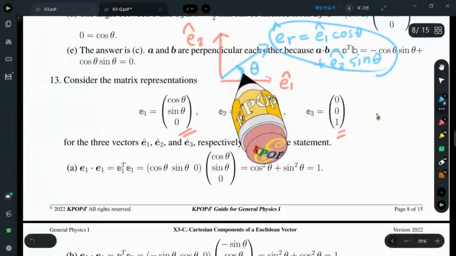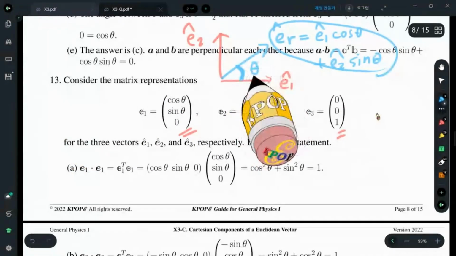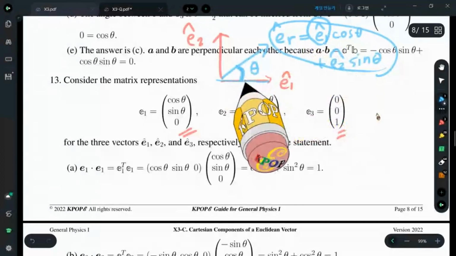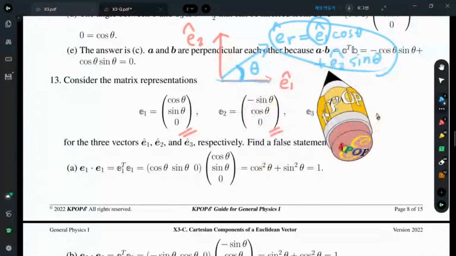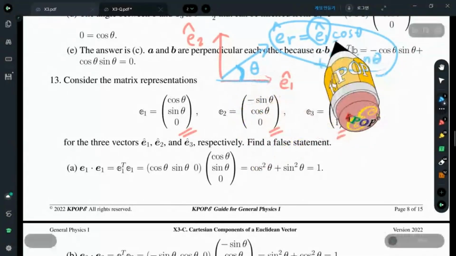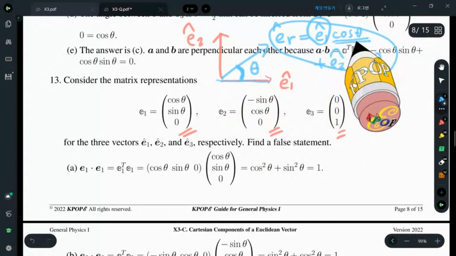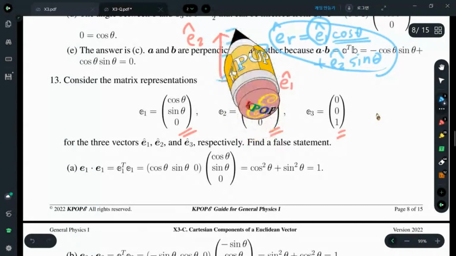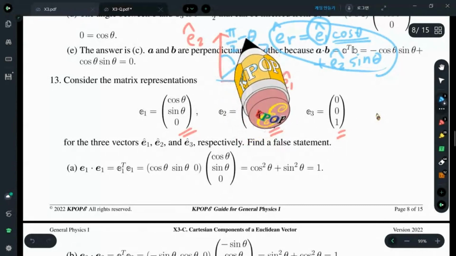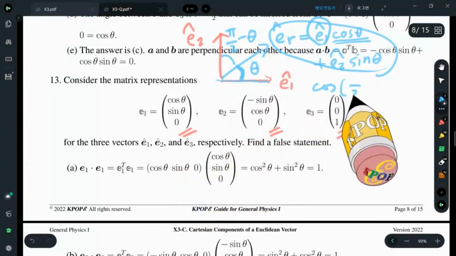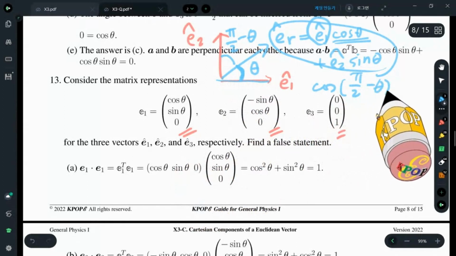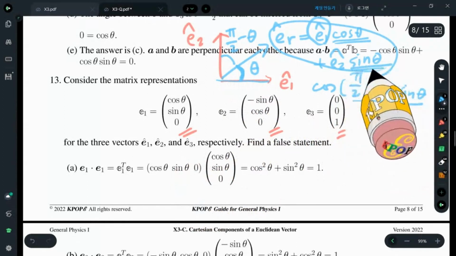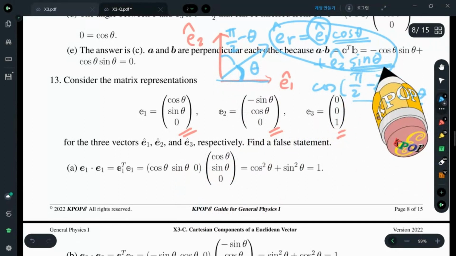This one has a component along E1. And what is the angle? Cosine. What is this angle? This is half of pi minus theta. So cosine of half of pi minus theta equals sine theta. That's the reason why this one is sine theta.